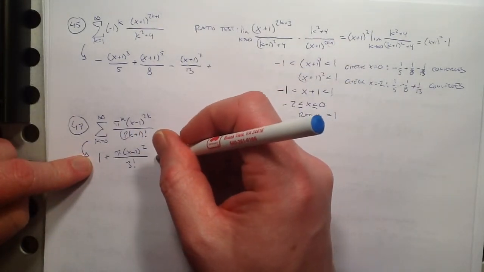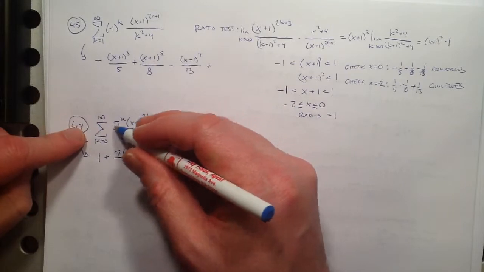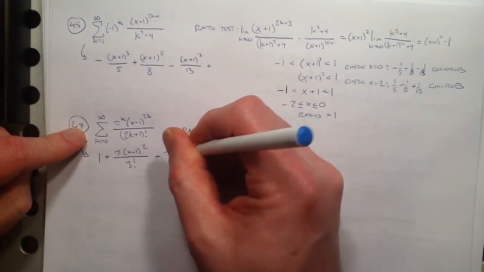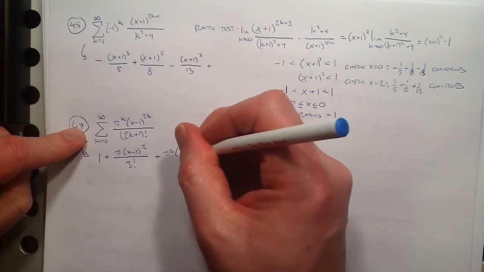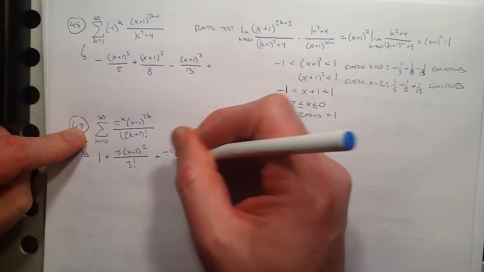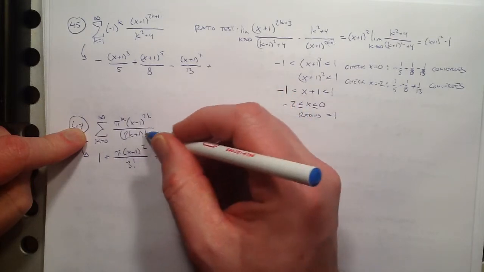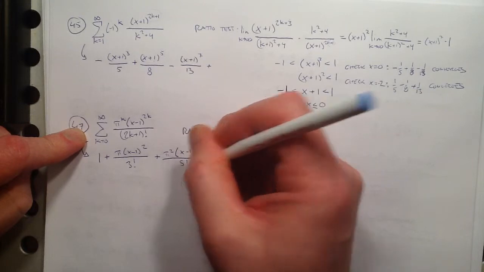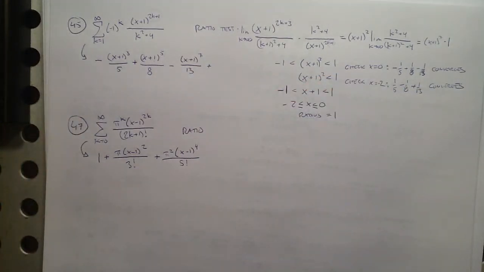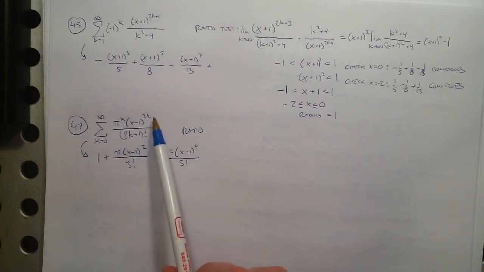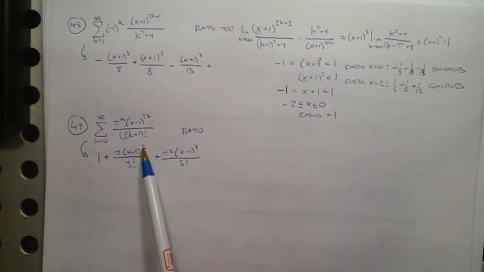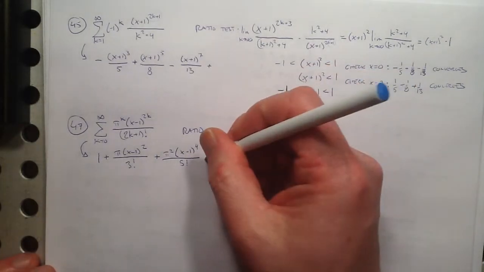Plugging in 2, I get pi squared times x minus 1 to the 4th over 2 plus 1, 5 factorial. So a little harder to see the pattern here, maybe. The powers of pi keep going up by 1. The powers on the x minus 1 are even numbers, and these are 2k plus 1, so 1 bigger than what the exponent was for the factorials.